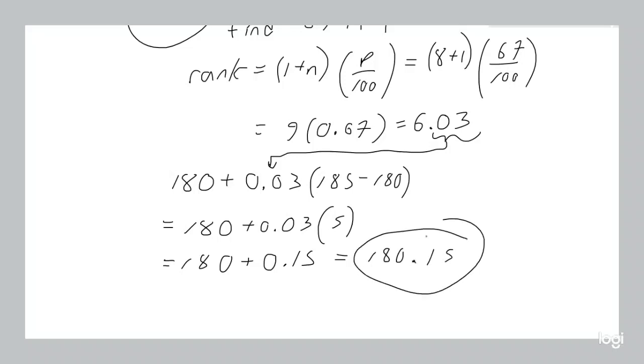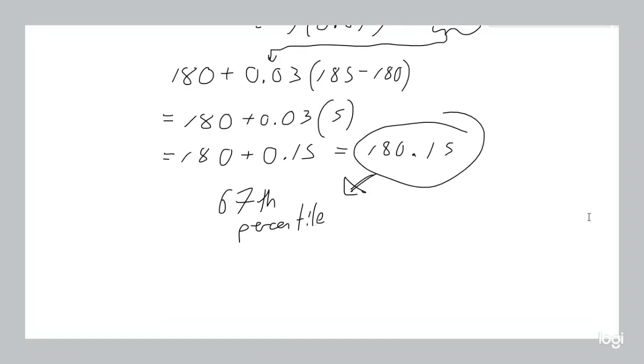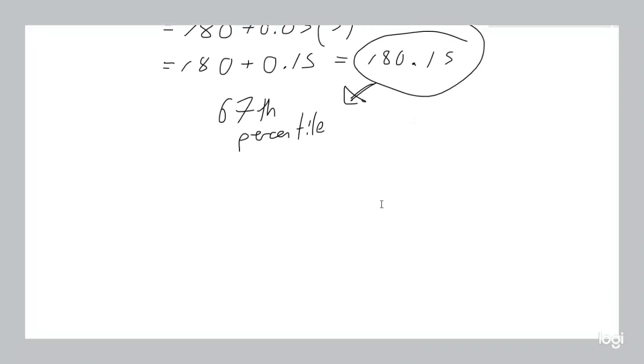Not 180, not 185, but 180.15, that is our 67th percentile. So you can expect 67%, or 2/3 of the data, to be below 180.15. That's how percentiles work in those kinds of decimal situations.